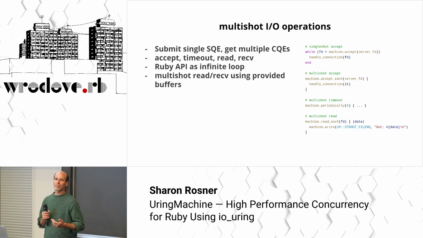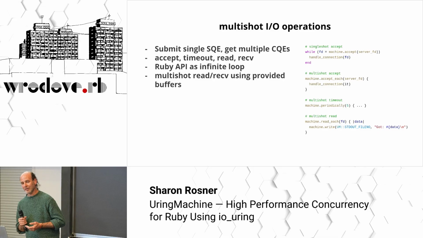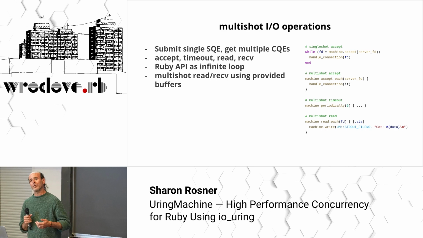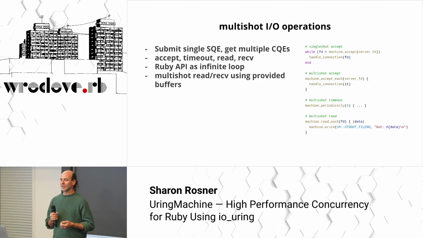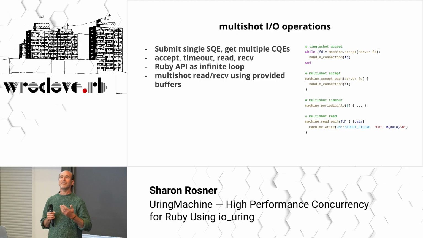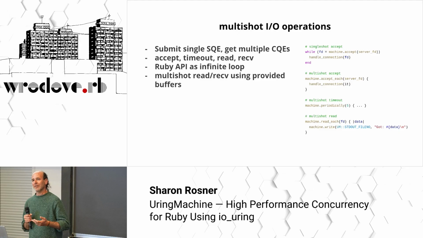But with multi-shot operations, you submit once and you receive multiple completions. So for example, with accept, the normal way to do it would be to submit an accept and wait for a completion, and then submit an accept again and wait for a completion. Instead, with multi-shot accept, we submit once, and the kernel will just provide us with a continuous stream of completions, each completion with the FD of the new connection.